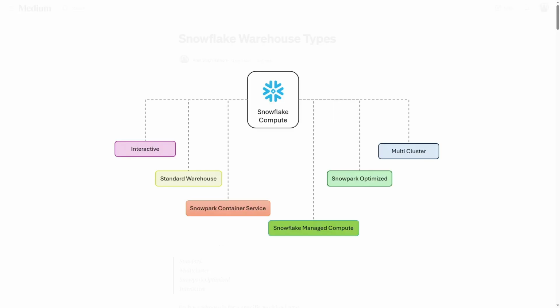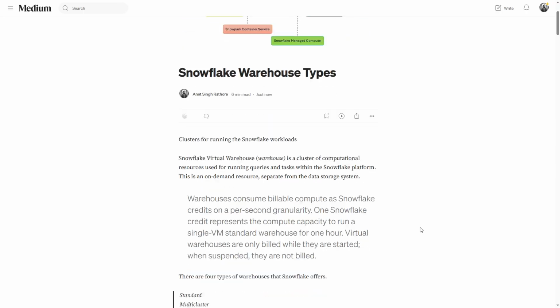It also has a variant of Snowpark optimized with resource constraint. Then we have Snowpark Container Service, which allows us to run containers. And then we have Snowflake Managed Compute, which is used by Snowpipe or some other services. For example, it can be query acceleration service or search optimization services. So those services also use this compute to run certain workloads.